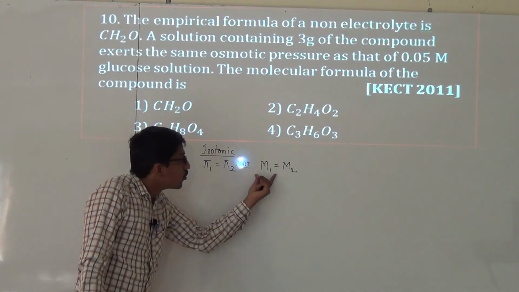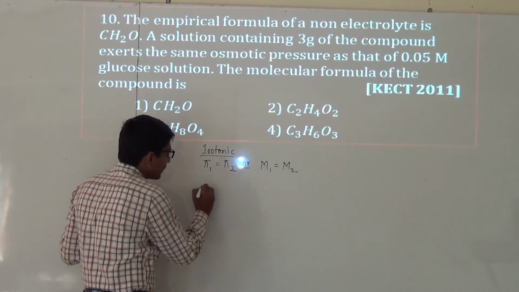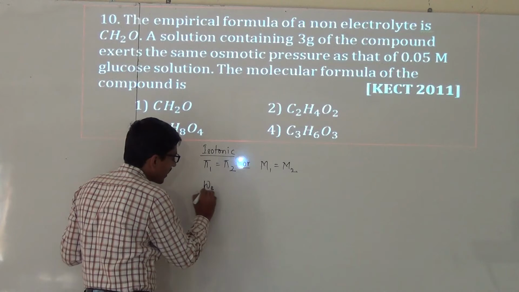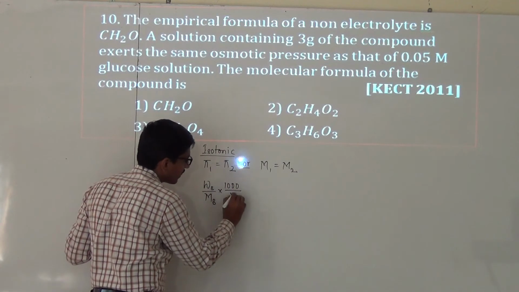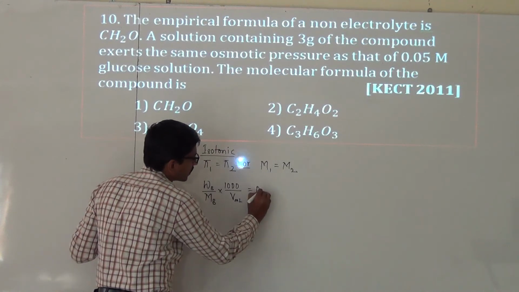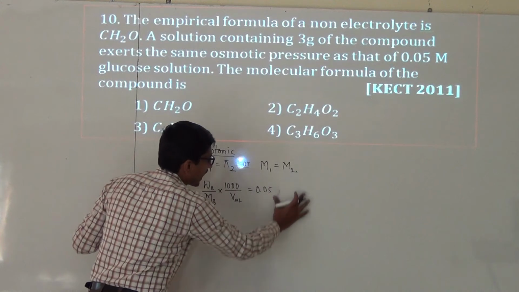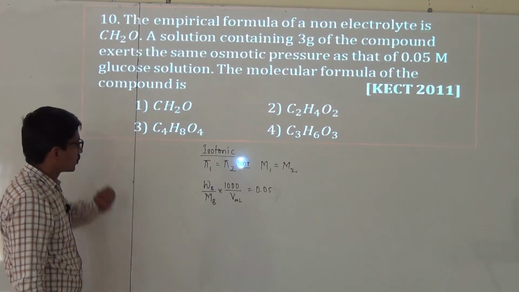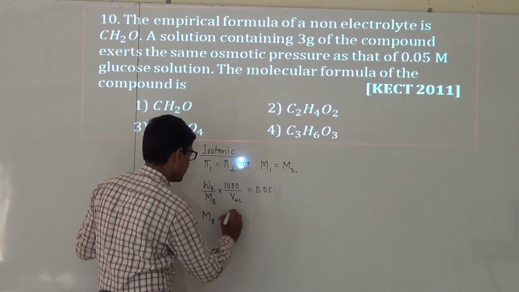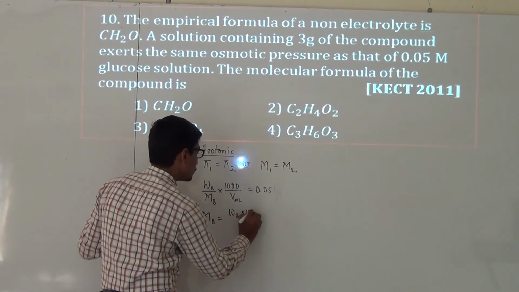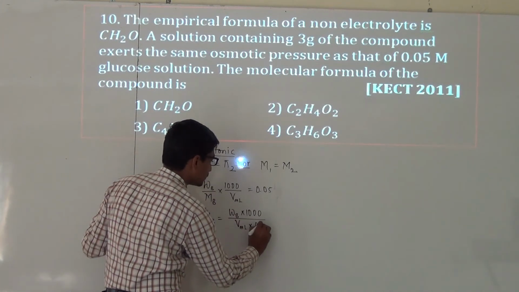First we have to calculate the molar mass from M1. M1 is nothing but Wb divided by Mb into 1000 divided by V ml, which is equal to 0.05 M. Here Mb is equal to Wb into 1000 divided by V ml into 0.05.